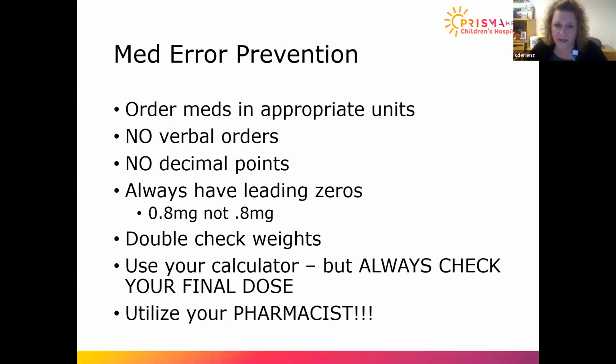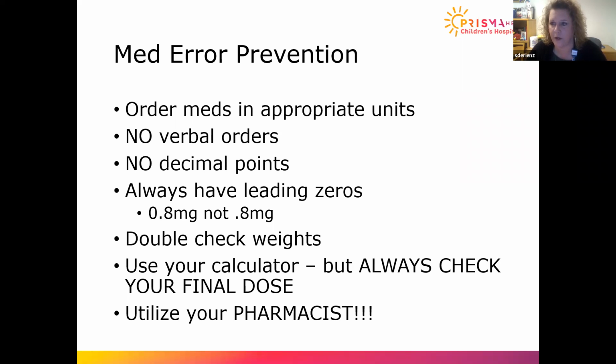No decimal points. Let's try to round things when we can. Of course, I mentioned before, like 7.5 milligrams of oxycodone, that's not a huge issue, and even hydrocodone comes in 7.5 milligrams, 2.5 milligrams. But when I say decimal points, don't do things like 0.82.